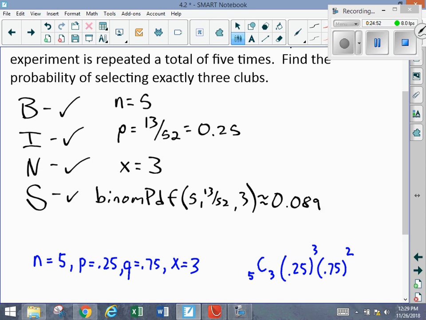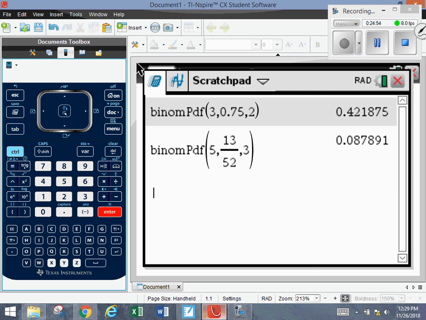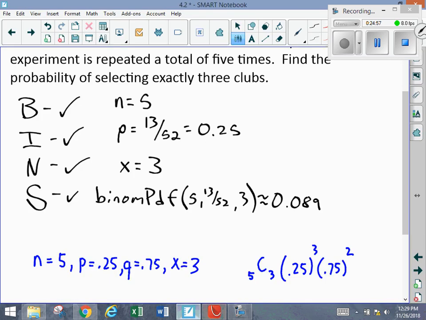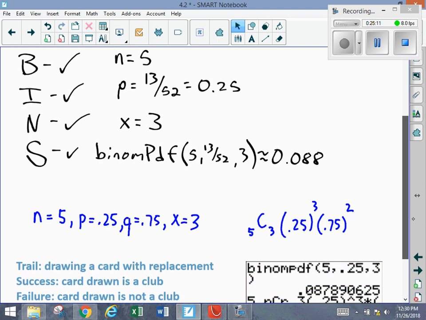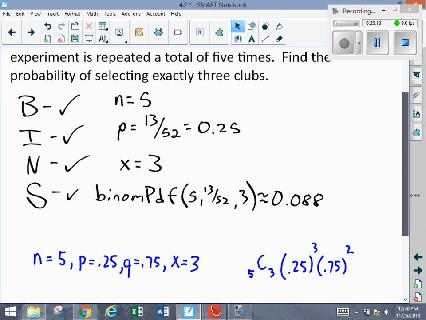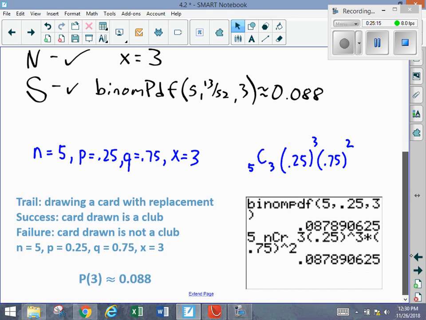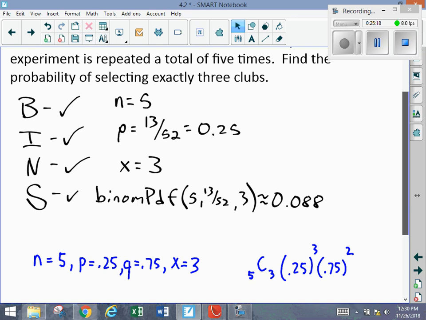Is that what we got? 0.088, sorry. All right. And there it is. And again, if you wanted to take a formula approach, that is there. If you were to put this in your calculator, you would get the exact same number.